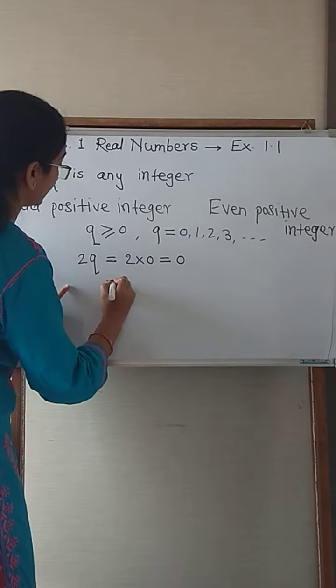Next, 2 into 2 is equal to 4. Next one is 2 into 3 is equal to 6. Now all these numbers are even. So every even positive integer we can represent in the form of 2q.